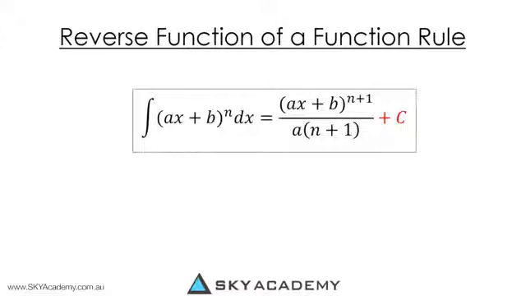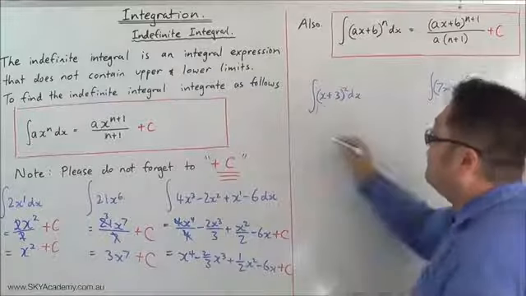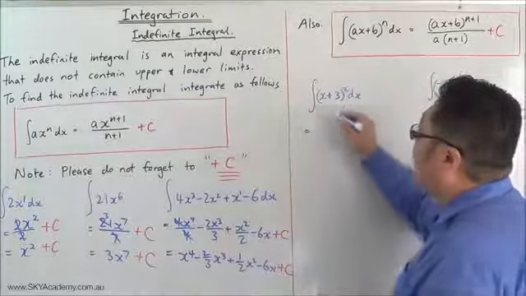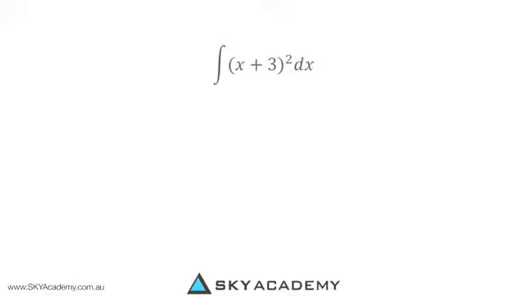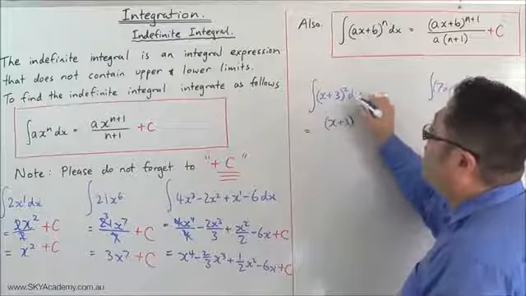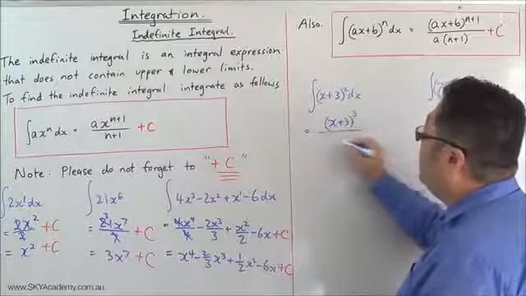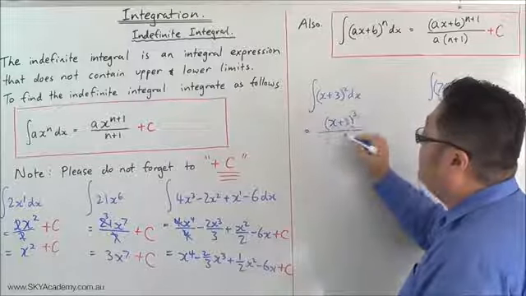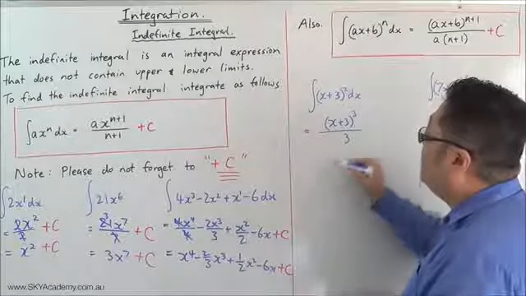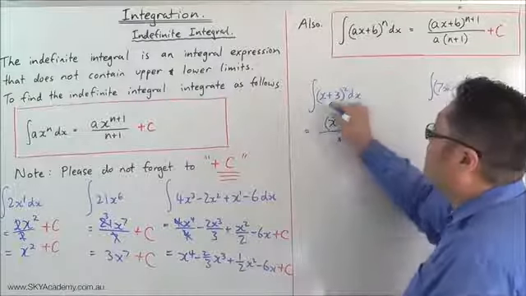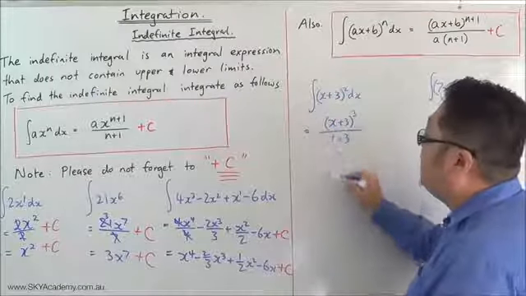So let me do this example with you, alright? So basically what you do is you write the binomial expression, raise the power by 1, so 2 ends up becoming 3, divide by the raised power, but you also have to divide by the coefficient of the x, which is 1.